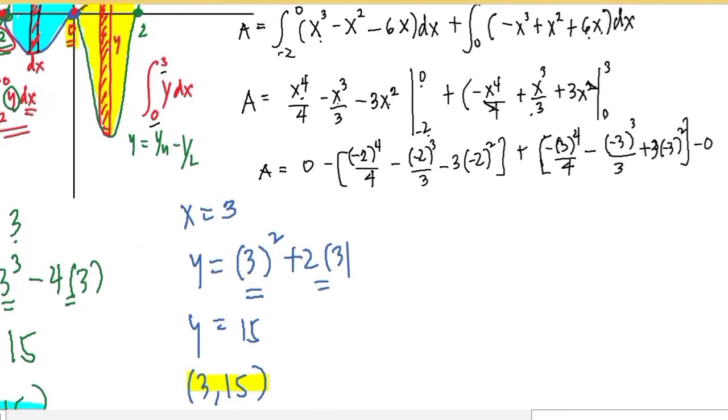So, we have here our area is equal to, we compute them separately because the problem asks us to find two areas.